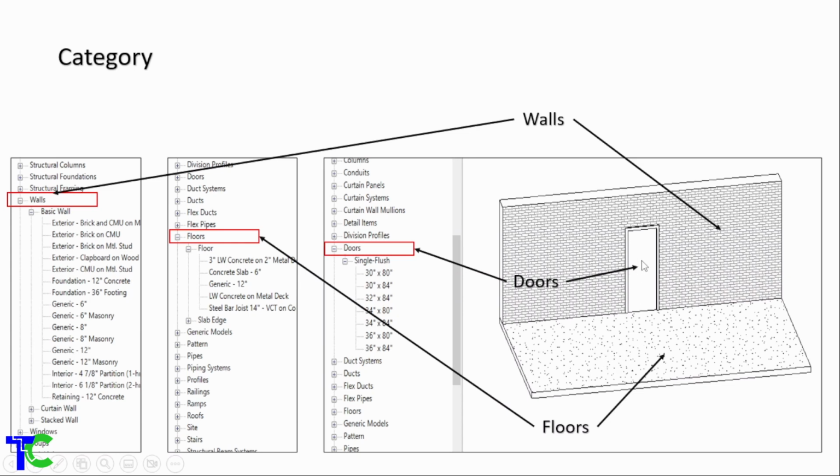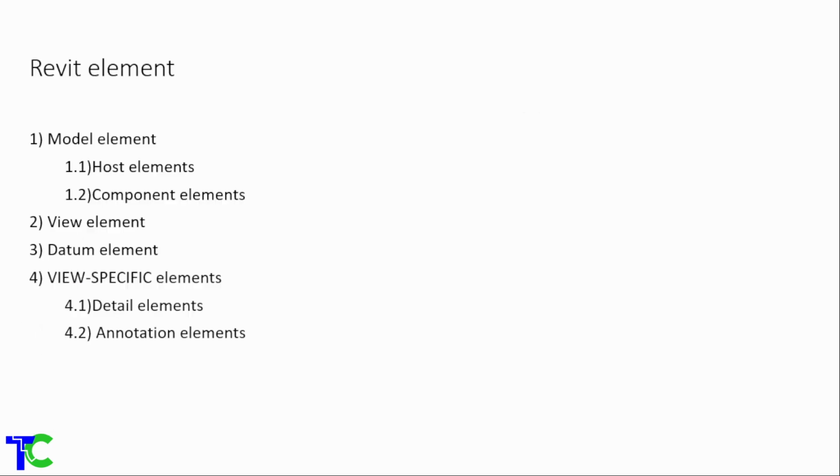We have many different elements in Revit. There are categories for all kinds of elements. Now we can go a little deeper to understand better. We can start with broad grouping. All the elements of the software can be broadly grouped into one or more groups.